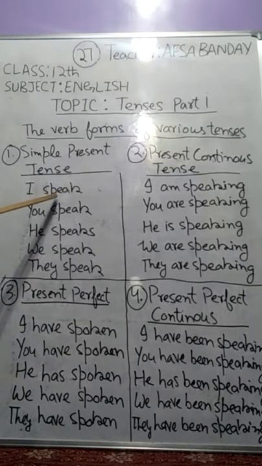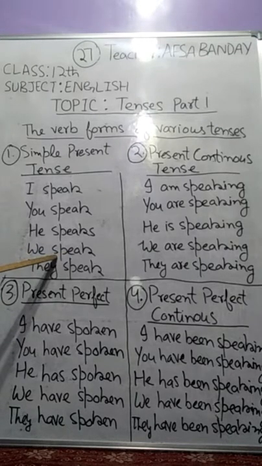For example, speak, without s or es. With the first person plural pronoun we, it takes the verb without s or es. With the second person pronoun you, it's the present form of the verb without s or es. And again with you, it takes the verb without s or es.